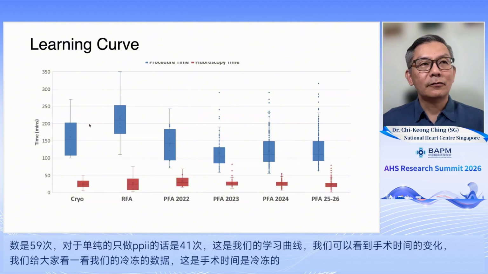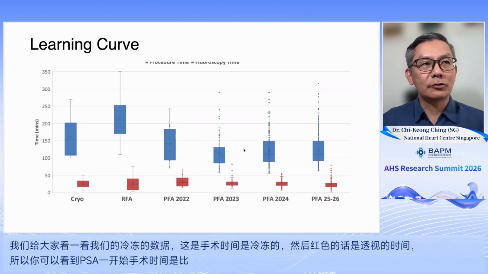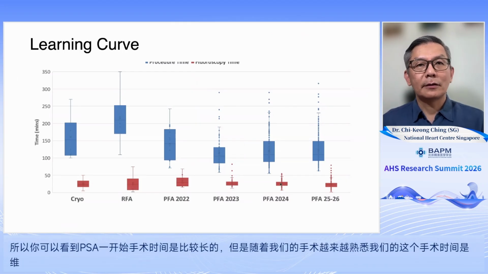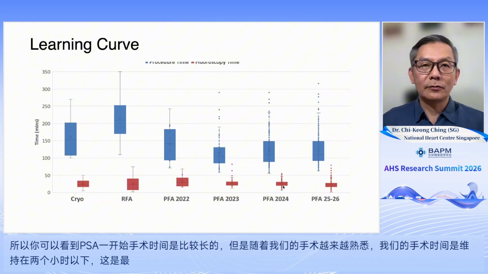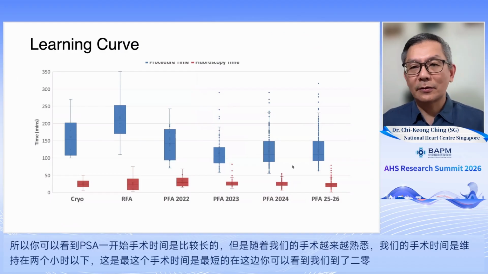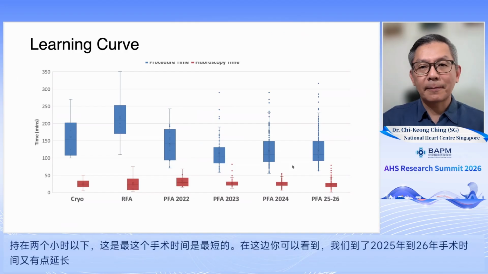And if you see visually across, PFA started with a longer procedural time, but as we continue to adopt it, the procedural time matures or stays steady at up to about 2 hours mean, whereas the fluoro time does come down to about 15 to 20 minutes for most cases. And the procedural time tends to go a little higher subsequently because we tend to tackle more complex ablation subsequently.